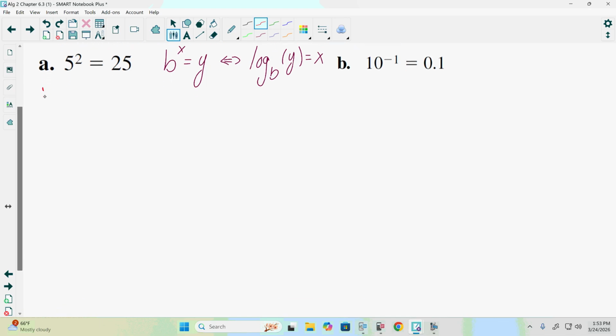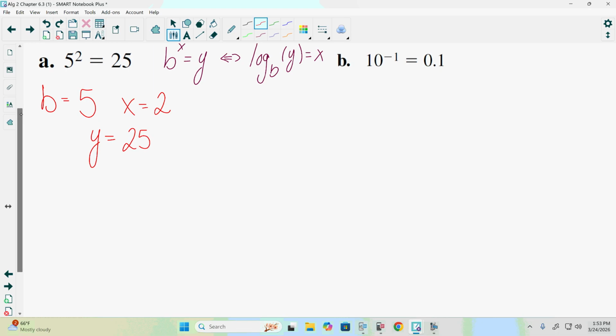For a here, our base b would be what? Our b would be 5, because it's our number we're putting to a power. X, in this case, would be 2. And y would be 25.